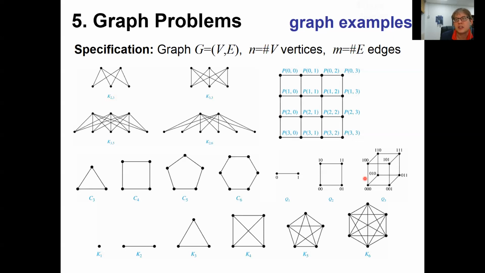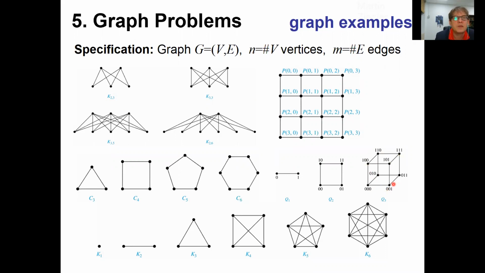A formal way of specifying the hypercube graph in dimension d is this. Consider all bit strings of length d. So for example, here we have all bit strings of length 3. This is a d-dimensional hypercube. So all bit strings of length 3 are a way of labeling the vertices of that hypercube graph.